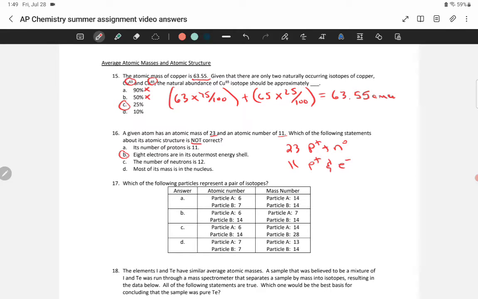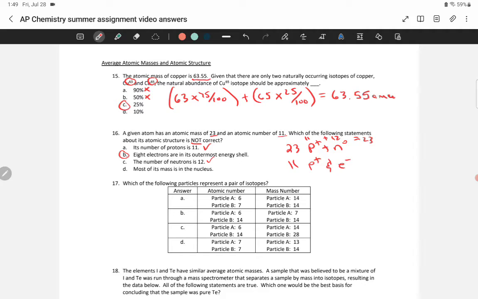So let's talk about some of these answers. Most of them, let's see, its atomic number, its number of protons is 11. So we knew that was a correct statement. Number of neutrons is 12. Well, if we know that there's 11 protons, we'd have to have 12 neutrons to get an atomic mass of 23.